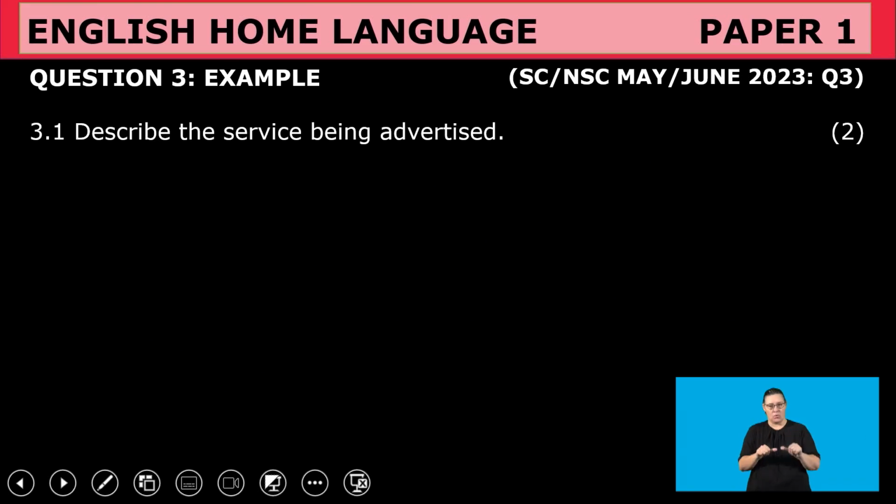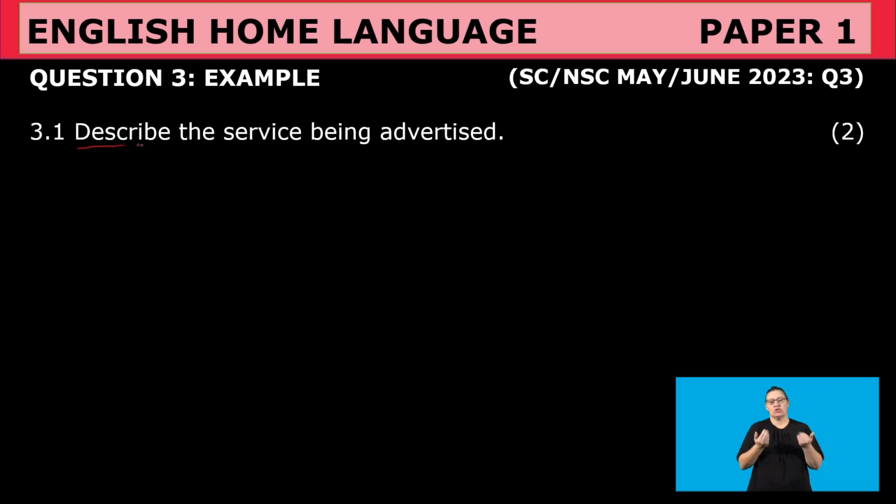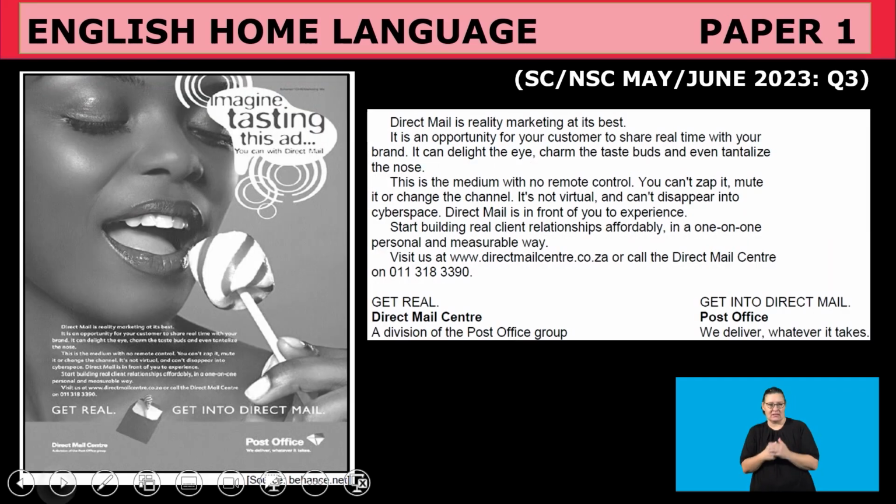Now we're moving on to section C, analyzing advertising, and 3.1 says, describe the service being advertised. This is for 2 marks, and you can expect the first question to be a little bit easier. This, however, is not an identify question. It says describe, so make sure you don't simply state what is being advertised, but you also give detail.